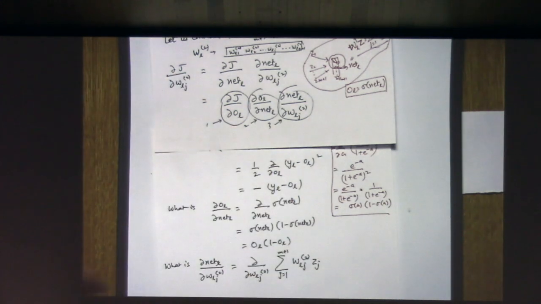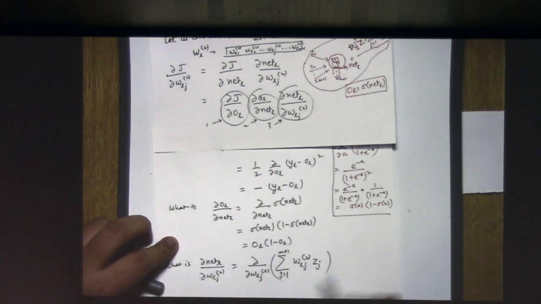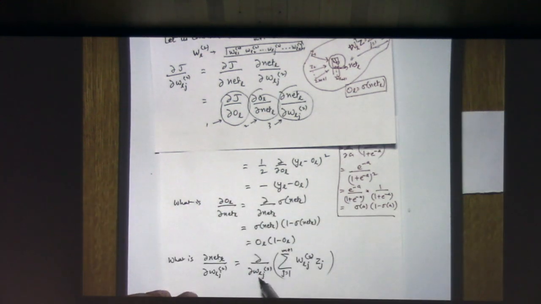So you have that. If you compute the derivative of this summation, you will see that only one entry depends on this. Everything else is independent of that, so they will become 0. So this will essentially be Z_j.